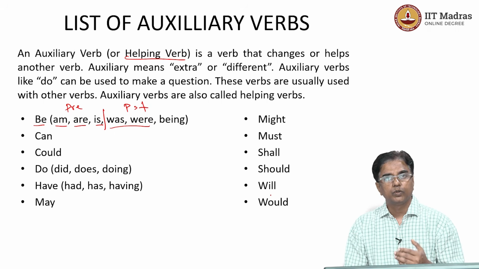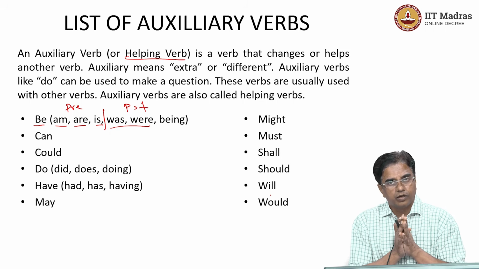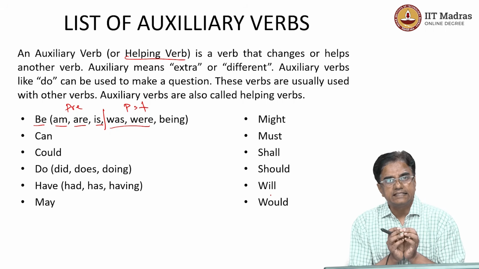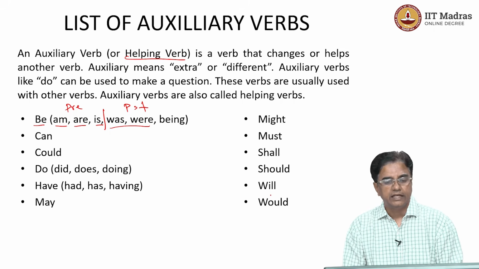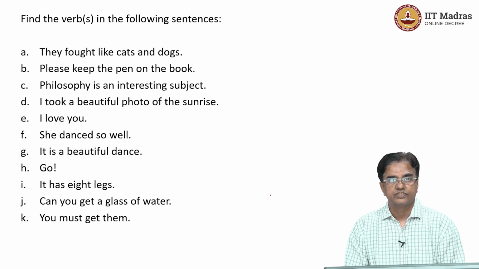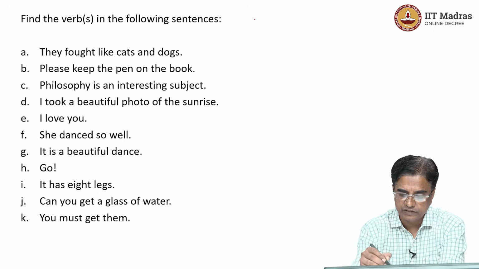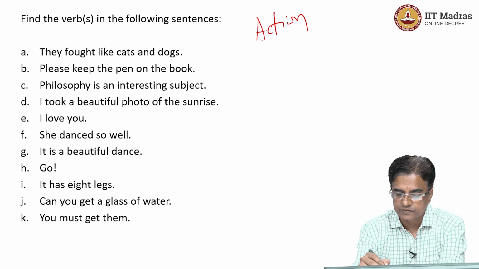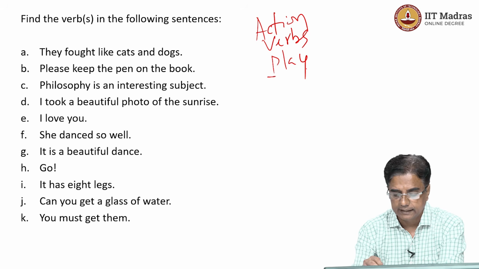So, when we look at this distinction, verbs that indicate action are far too many in number in any language. And with the action verbs, we will see later, like a verb like play.